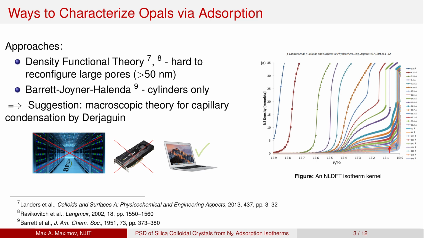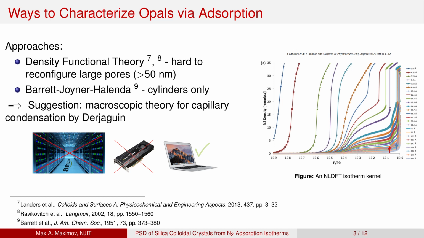This way we decided to go with a simpler model and see if it can describe the experiment with enough precision. The next method is the BJH theory, but unfortunately it only works for cylindrical pores. Despite the fact that there is an implementation for spheres, the application of this method is not common.